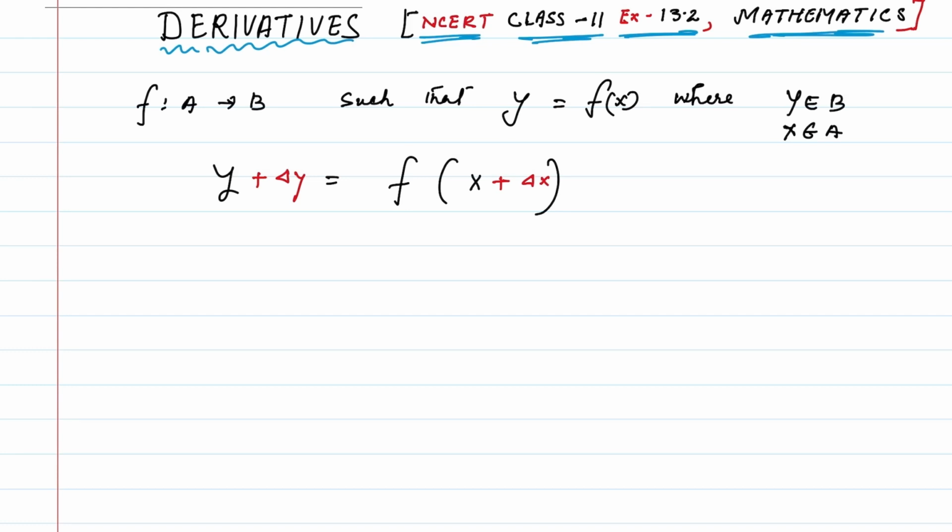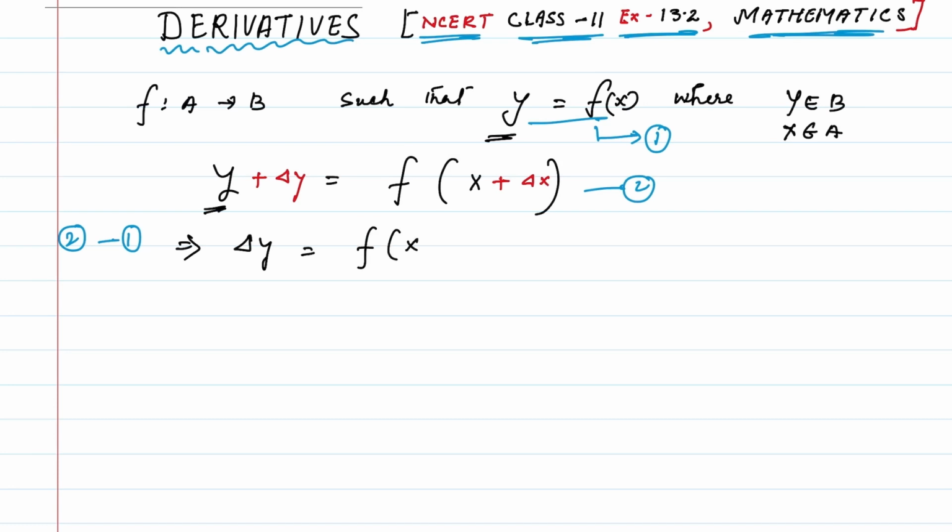Then how to find the ratio of increments? Here this is equation number 1 and this is equation number 2. If you subtract 1 from 2, then y will be cancelled. We get del y is equal to f of x plus del x minus f of x.